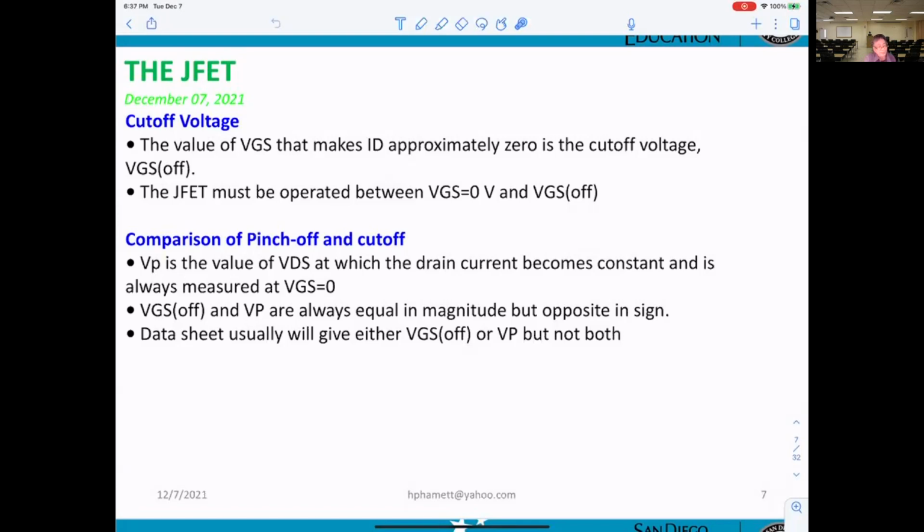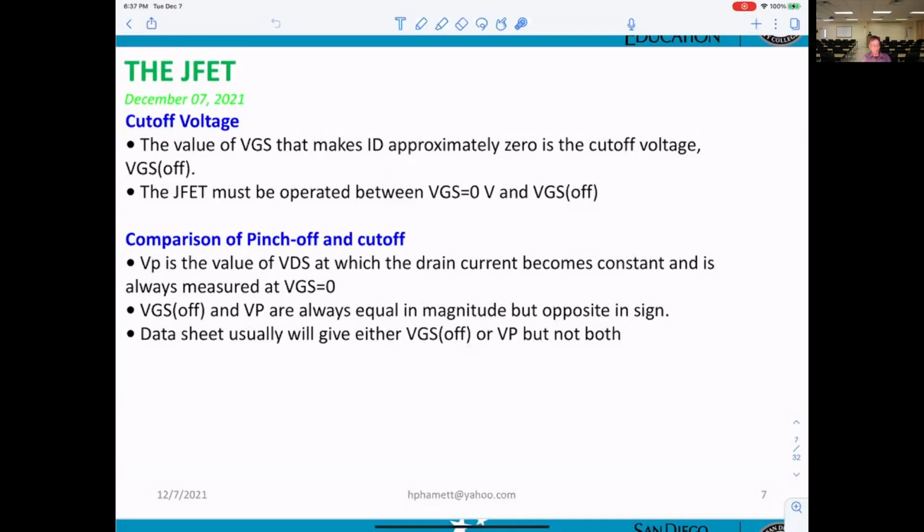It will be the same as the bipolar transistor. First we'll learn how to do calculation for DC bias. That means the JFET is the same as the bipolar: they need the DC power supply to make it work.